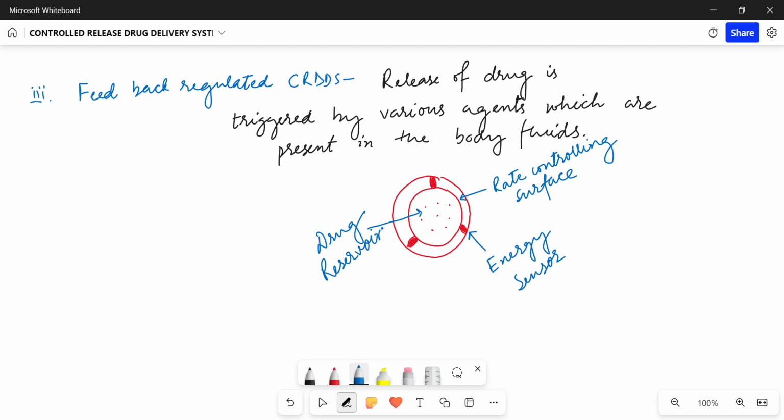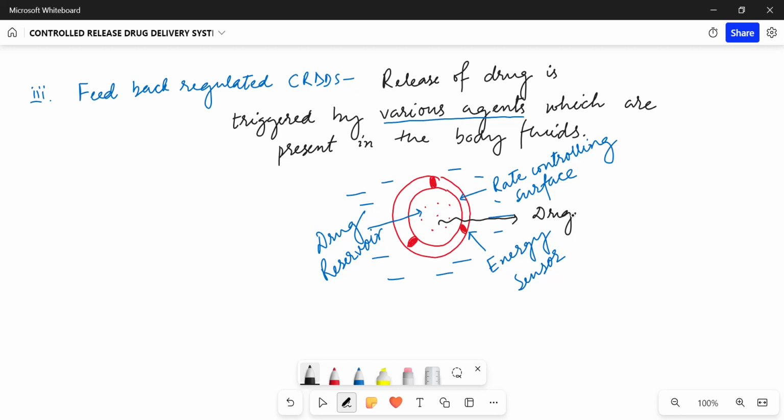In the body fluids, when this kind of drug delivery system reaches, the various agents cause the stimulation of the energy sensor, which causes activation of the energy sensor and release of drug through this system. Okay, these are the body fluids and causes release of drug.